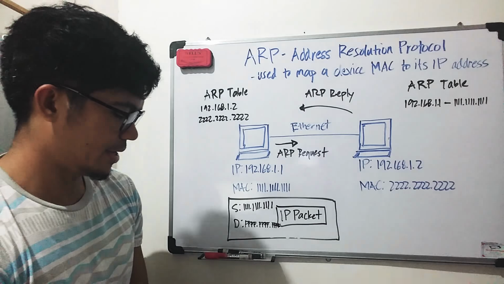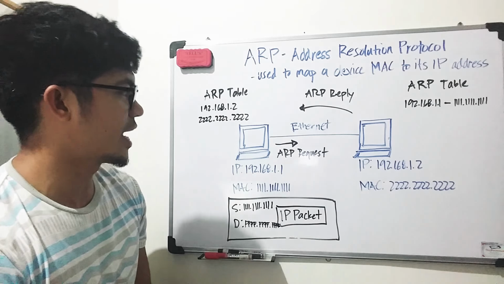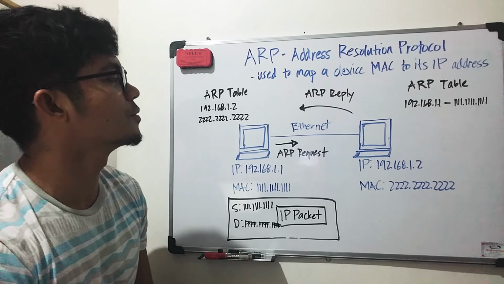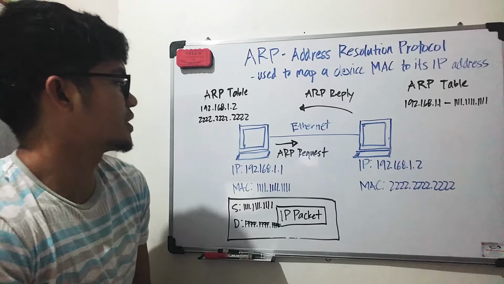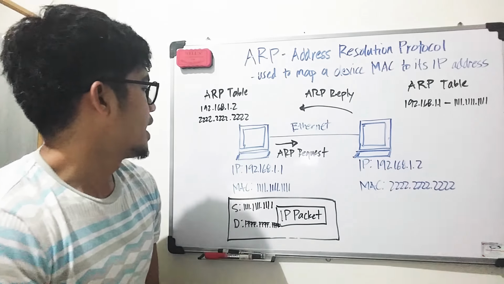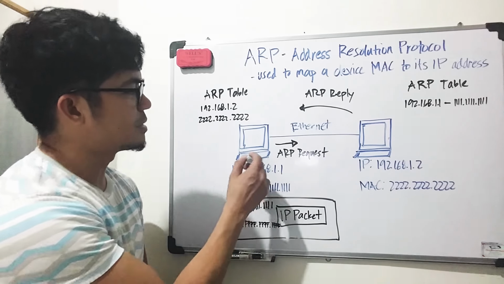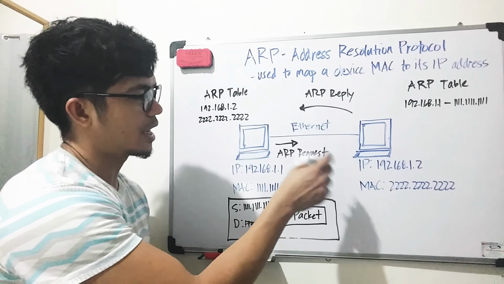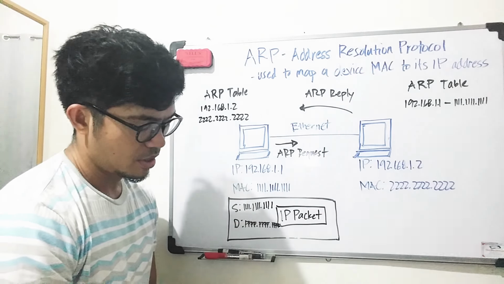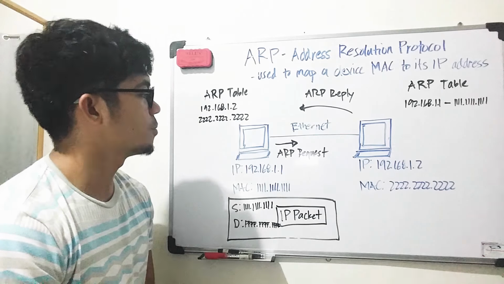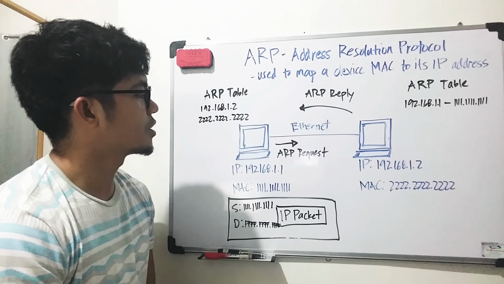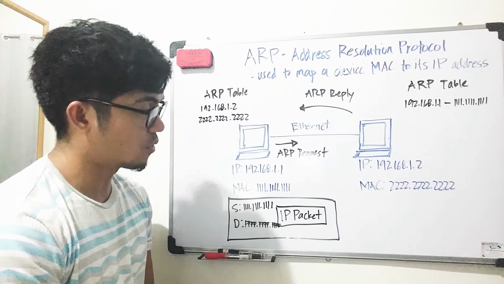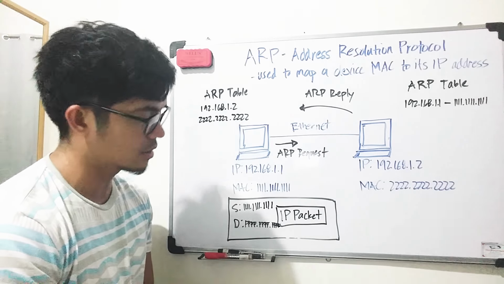So imagine we are going to send a packet. You are sitting on this PC and you want to send a packet to this PC. Let's say we're going to use a ping packet.